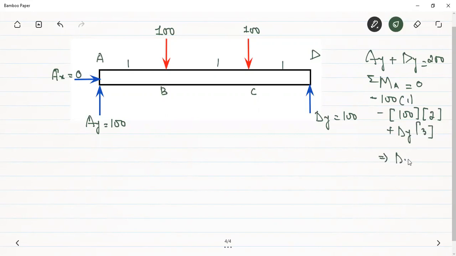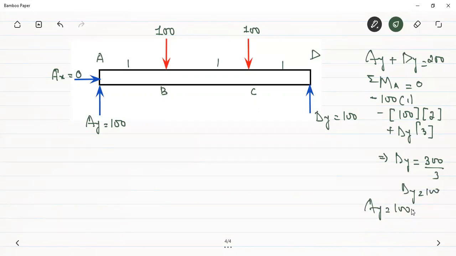So from here we will get that Dy will be equal to 100 newtons and Ay will also be equal to 100 newtons. This is the way to find the reactions, but we can directly see by inspection this is a symmetric loading, therefore we can say that the reactions will be divided equally.